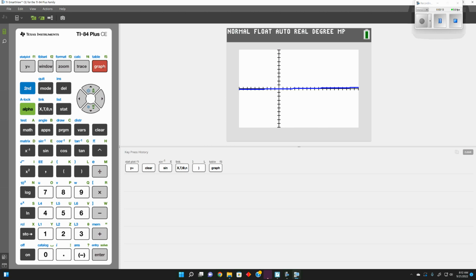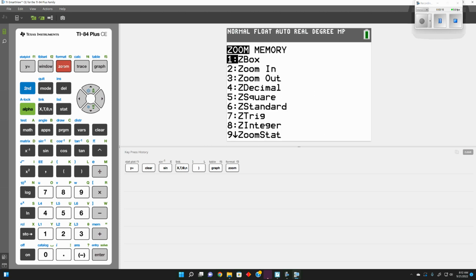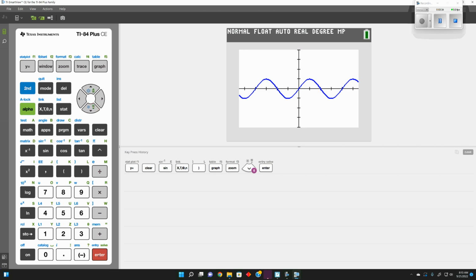Well, we'll need to zoom it to make it look a little bit better so we actually get an idea of what this function is. And as we scroll down here for the different zooms, we have z decimal, zoom squared, zoom standard, z trig, zoom for the trigonometric values. And if we hit enter on this here, it'll change the values along x so that they actually make a wave function.